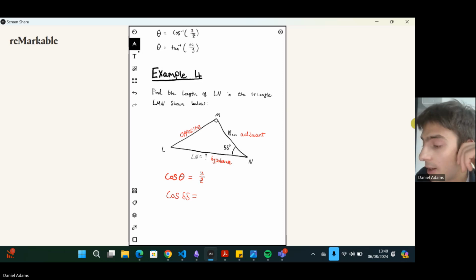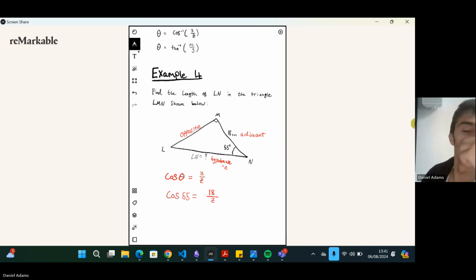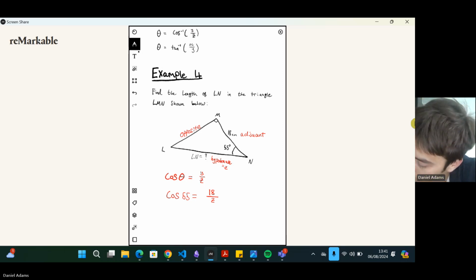Our adjacent side is 18 centimeters. And our hypotenuse, or our side LN, which is the hypotenuse, we're going to call z. So we want to find z here. Yes, let's say it's z.